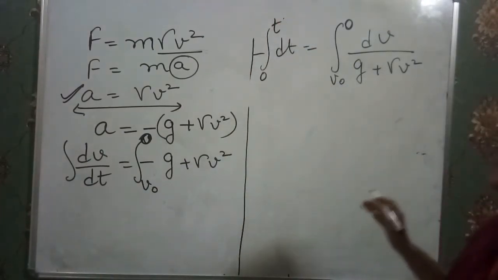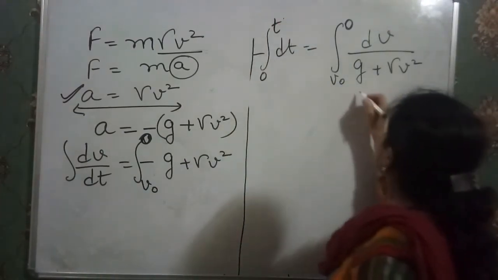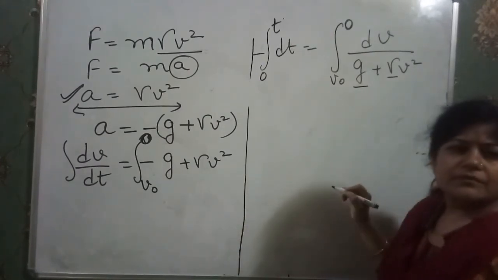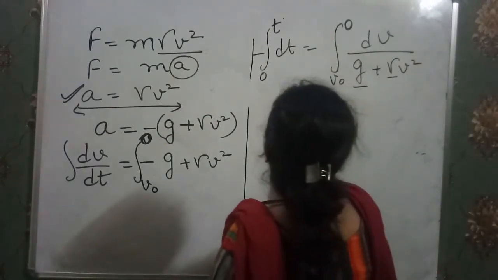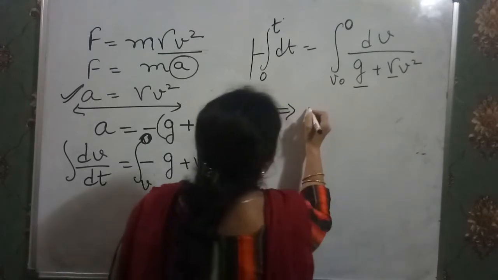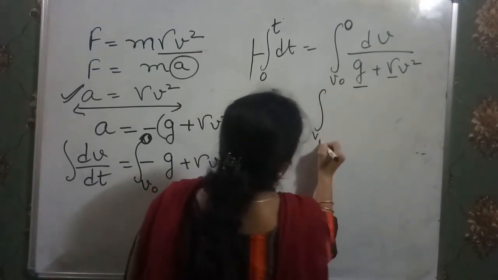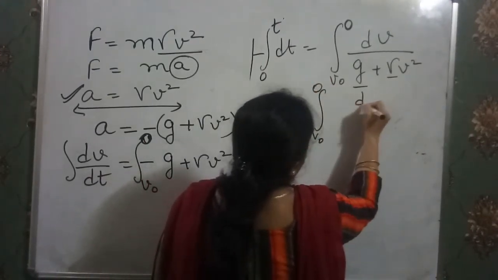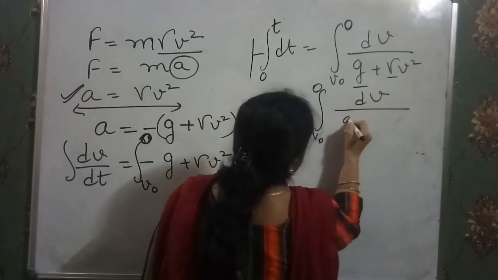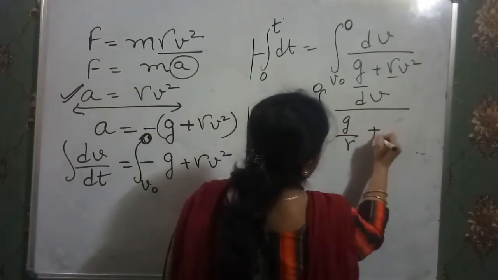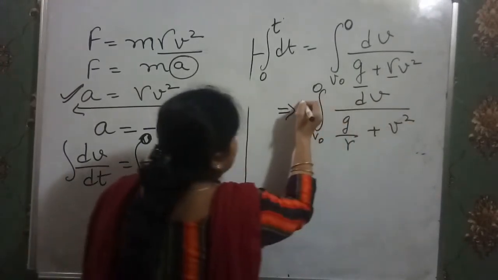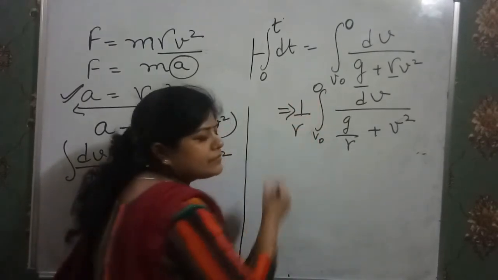Clear? Now when we integrate it, these quantities are constant, so just divide throughout. We have the integral from v0 to 0 of dv over g over gamma plus v square, and take out the gamma outside.